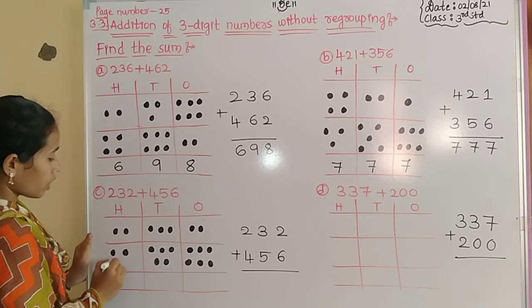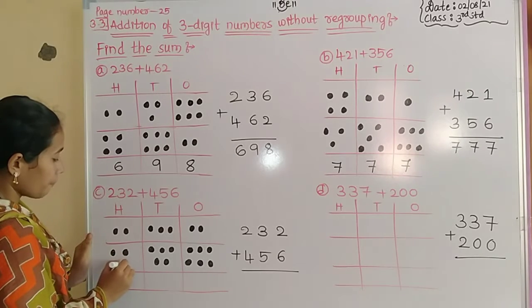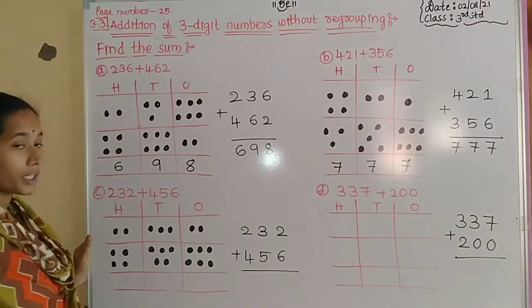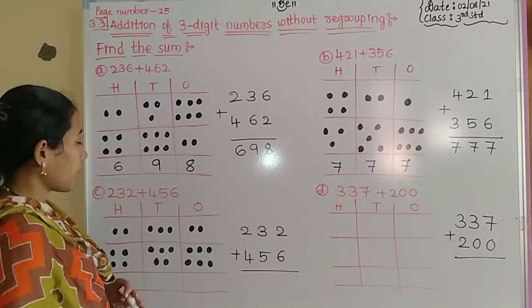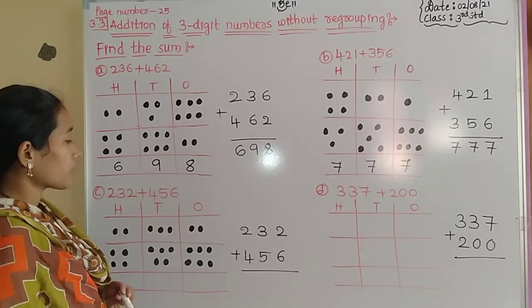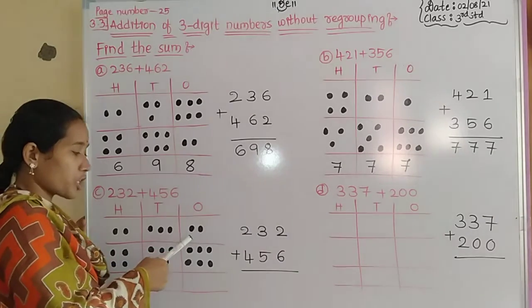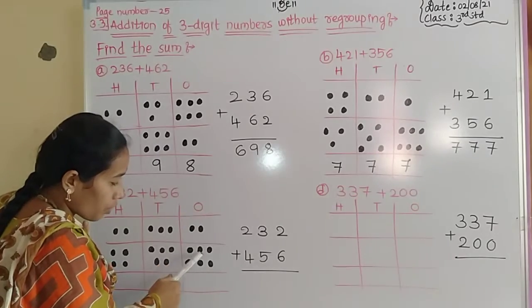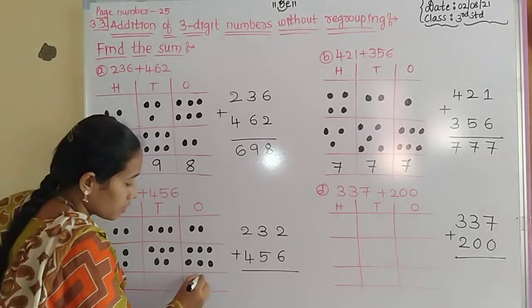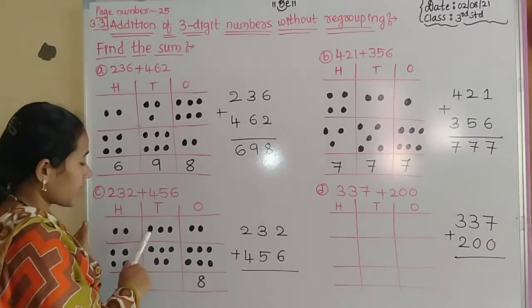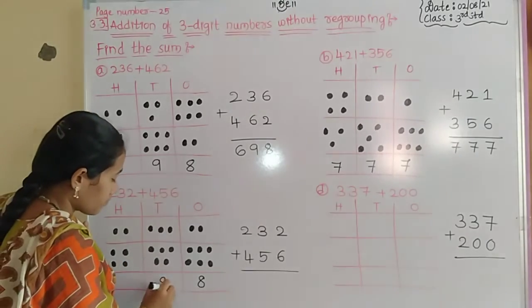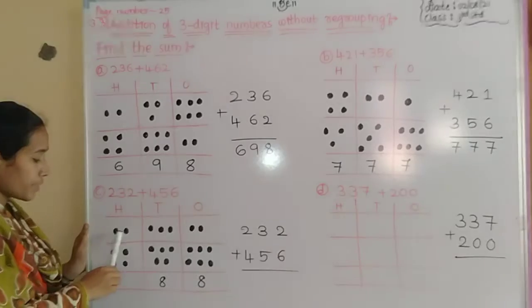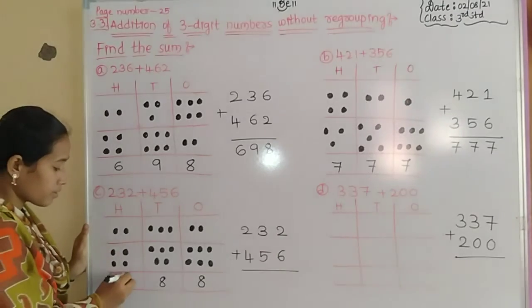Then count all together. All together, in all, are the word representation of the addition process. So count all together here. On the ones position: 1, 2, 3, 4, 5, 6, 7, 8. Write 8 here. Then tens: 1, 2, 3, 4, 5, 6, 7, 8. And next one: 1, 2, 3, 4, 5, 6.